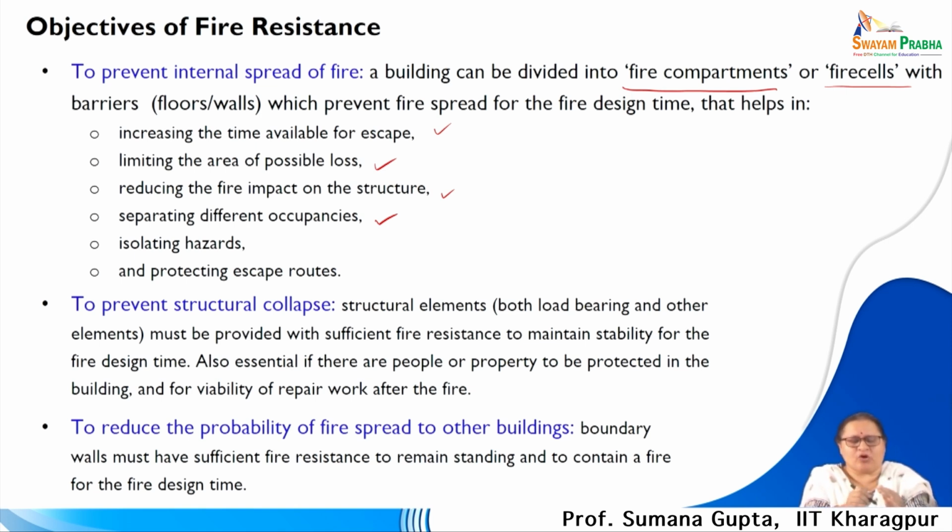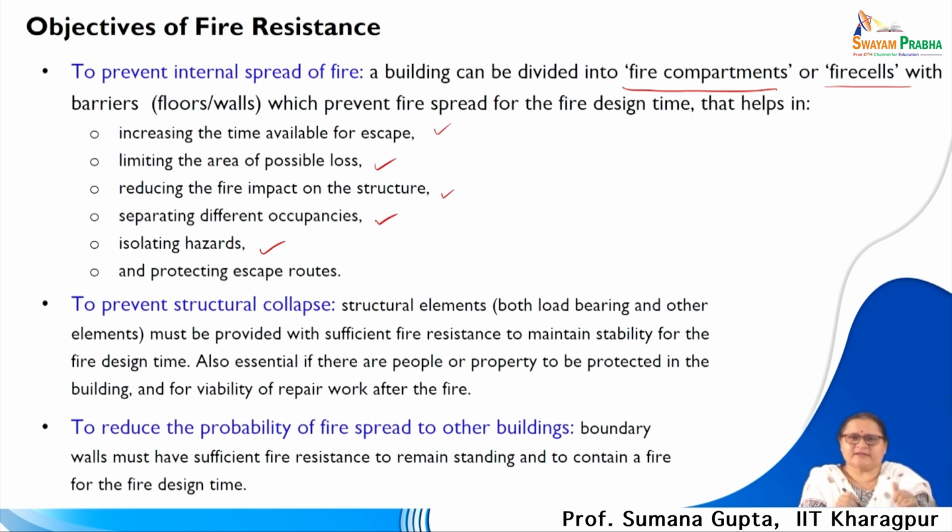So the occupancy of the space can be differentiated by using a fire compartment. Through this internal spread control, we can isolate the hazards and protect the escape routes. We have already talked about the escape routes, which are the horizontal paths as well as the vertical paths.